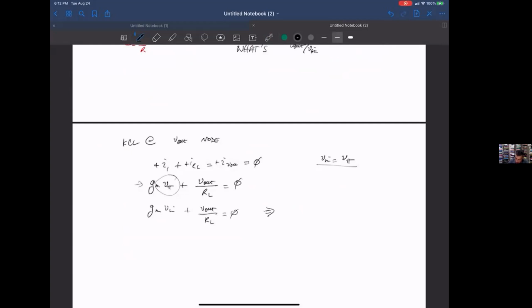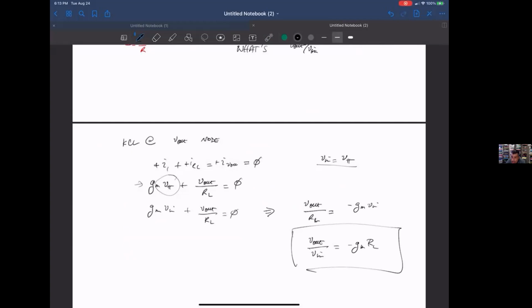Or just rearranging everything, V out over R sub L is equal to minus G sub m Vn. And the problem asks us to figure out the ratio of V out over Vn. That's minus G sub m R sub L. Okay. So that's the answer to the first problem.